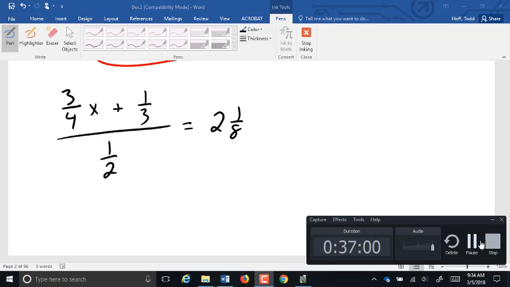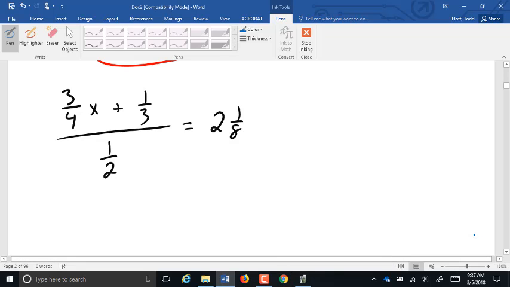Give that one a shot. Trickier. Where do we have to start? Times the 1/2 makes the 1/2 go away. Times 1/2 over there as well. So on the left we have the 3/4 x plus 1/3. 2 1/8 times 1/2 is 1 1/16.